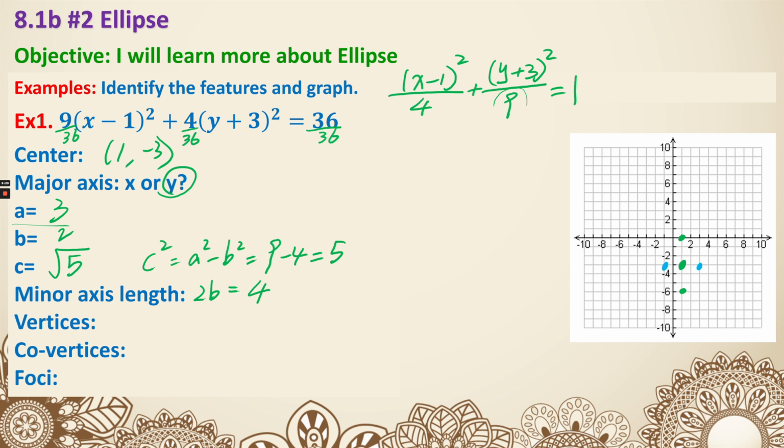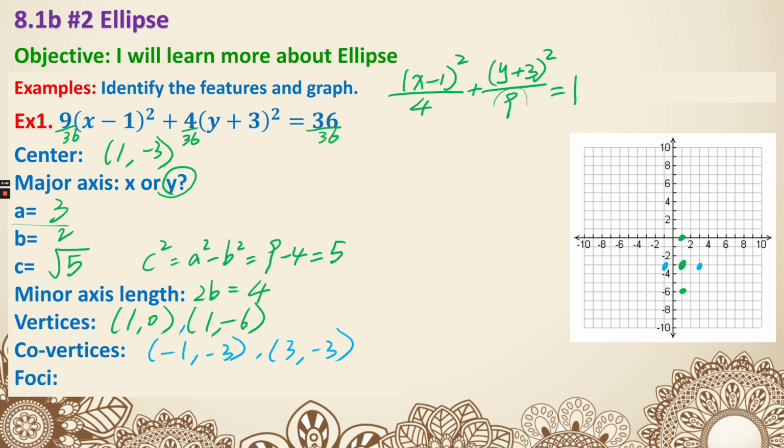I can now write down my points. My vertices would actually be 1, 0, or 1, -6. As for my co-vertices, they would be -1, -3, or 3, -3.